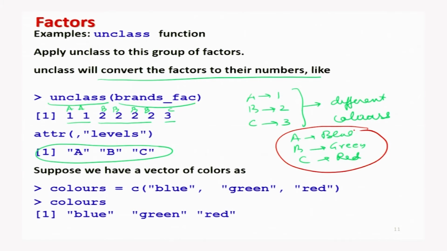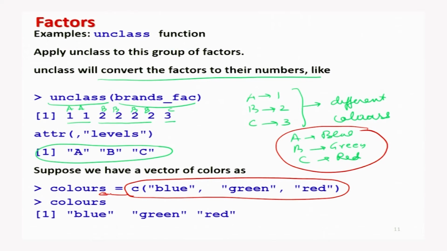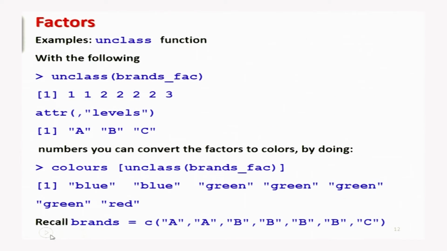A is replaced by blue, B is replaced by green and C is replaced by red. So, what I do here is the following: I create a data vector of these colors, blue, green and red, right, and I store them in a variable COLOURS. Now, if you try to see what is happening here, you can recall this thing.